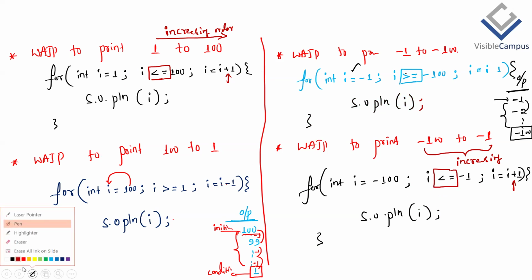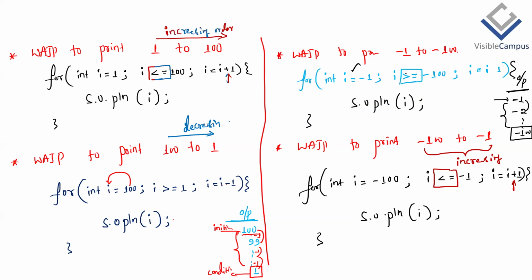Next, the other one. If you just notice, 100 to 1, increasing order or decreasing order? It is decreasing order. Then -1 to -100 is also decreasing order only. So what is the condition here?